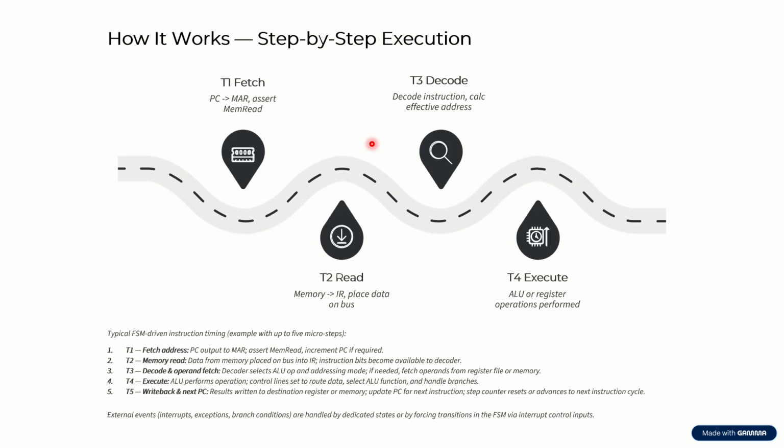How it works: step-by-step execution. Typically FSM-driven instruction timing, for example with up to 5 microsteps. The first step is T1, fetch address: PC output to MAR, the memory address register, assert MemRead, and increment PC if required.